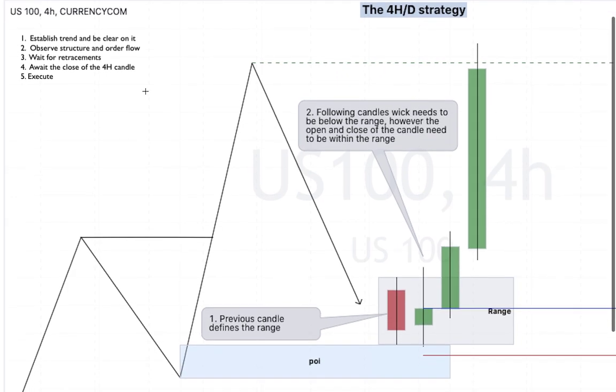And then you observe structure and the order flow, which is an analysis on the directional flow of the market. What this speaks to predominantly is we want to make sure that there is a flow of orders and not necessarily us moving in a ranging market. And then secondly, you await the market to retrace, and then you await the 4 hour candle close, and then you execute based off of this.